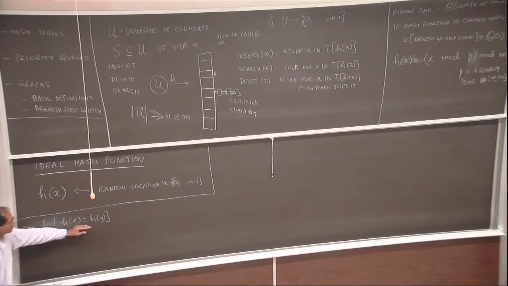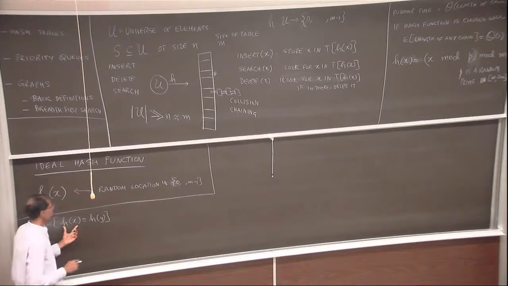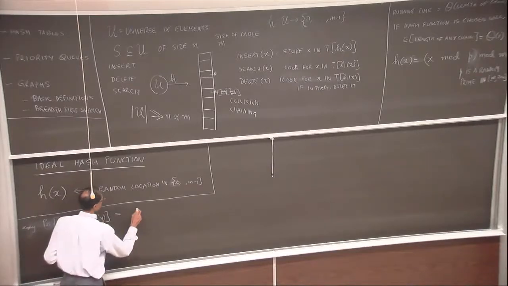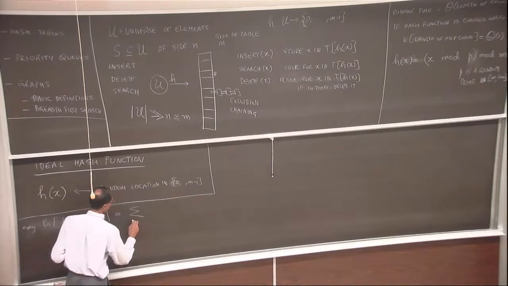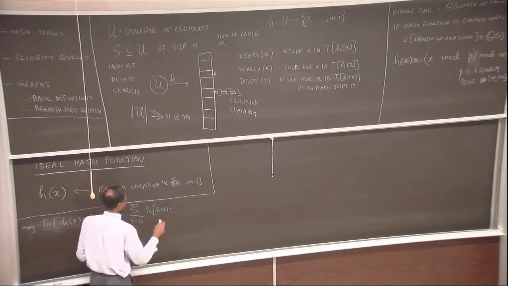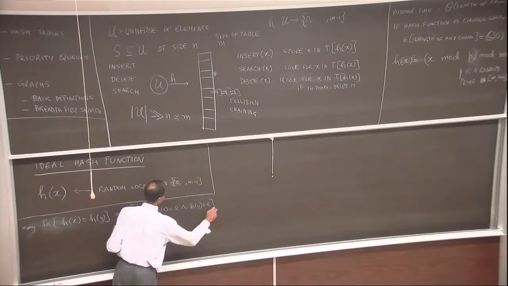So the probability that these two are the same: how many different values can h of x take? The way you can write it, I'm going to write it a slightly more elaborate way. There is a simpler way of seeing this, but this is the sum over all possible choices of h of x, so locations from 0 to n-1, of the probability that h of x equals L and h of y equals L. Do you agree?